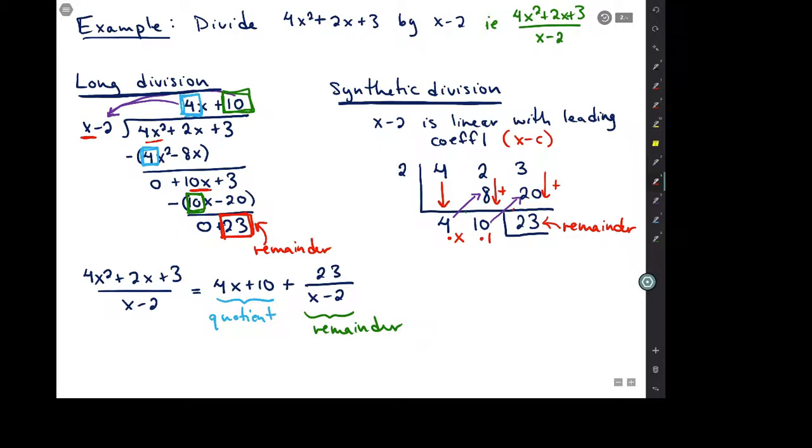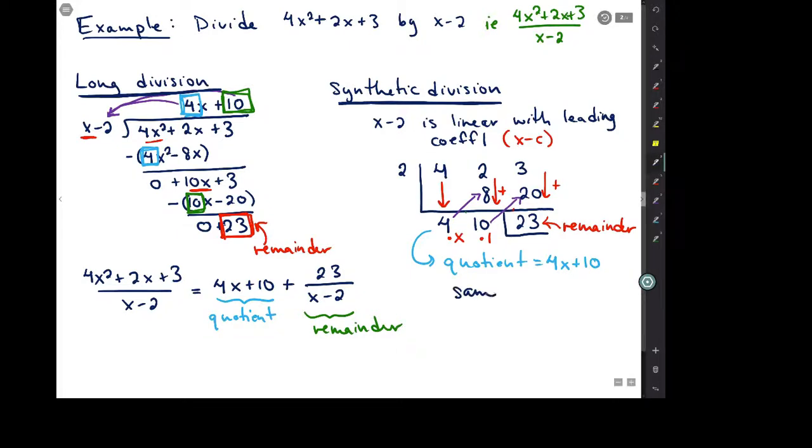So when I read off my final quotient from this, my quotient is equal to 4 times x plus 10 times 1, and I have a remainder of 23. And so I get the same answer. It is 4x plus 10 plus my remainder, 23, divided by x minus 2.